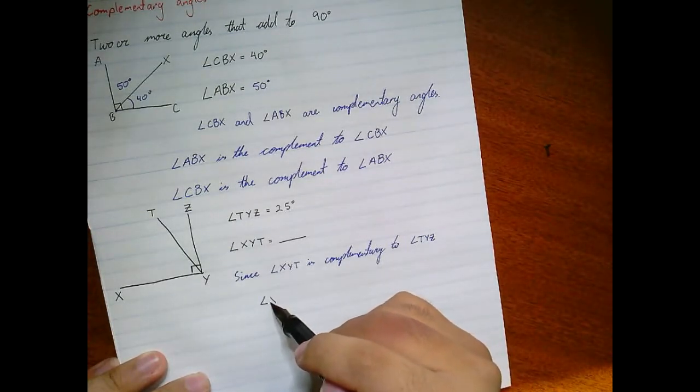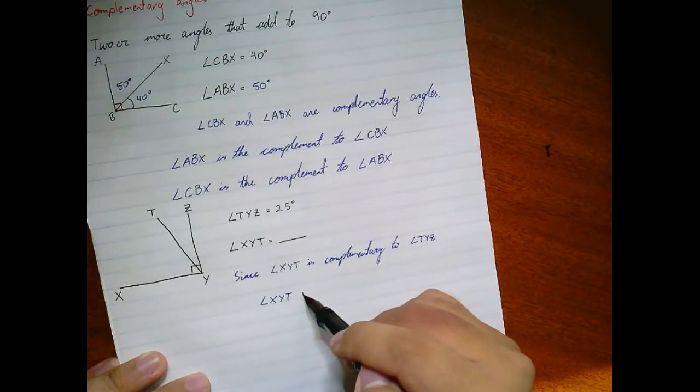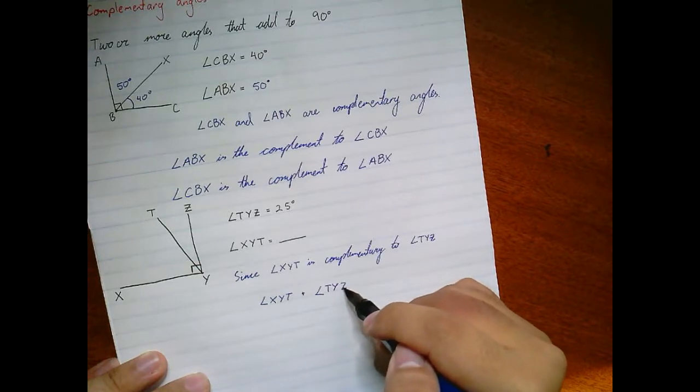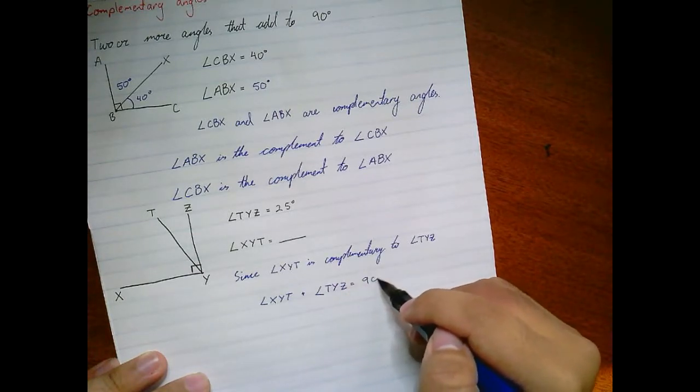Since then x, y, t plus angle t, y, z is equal to 90.